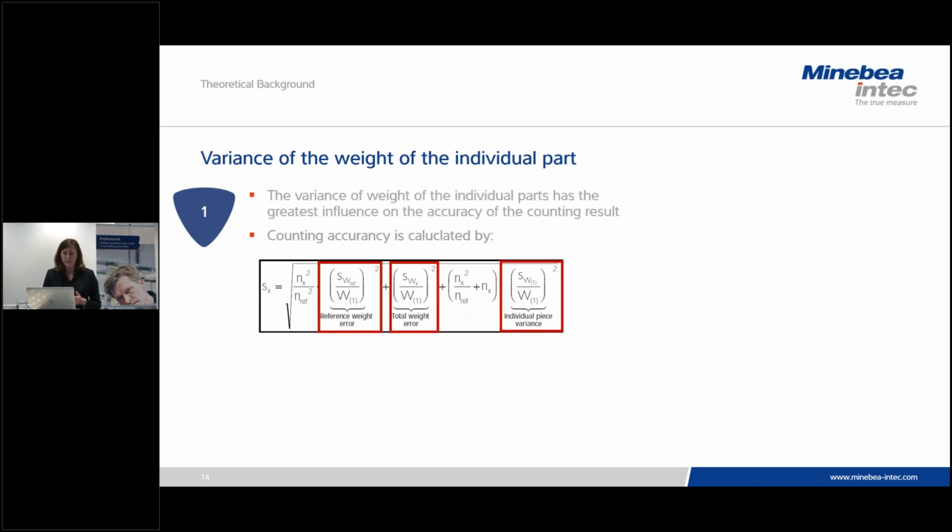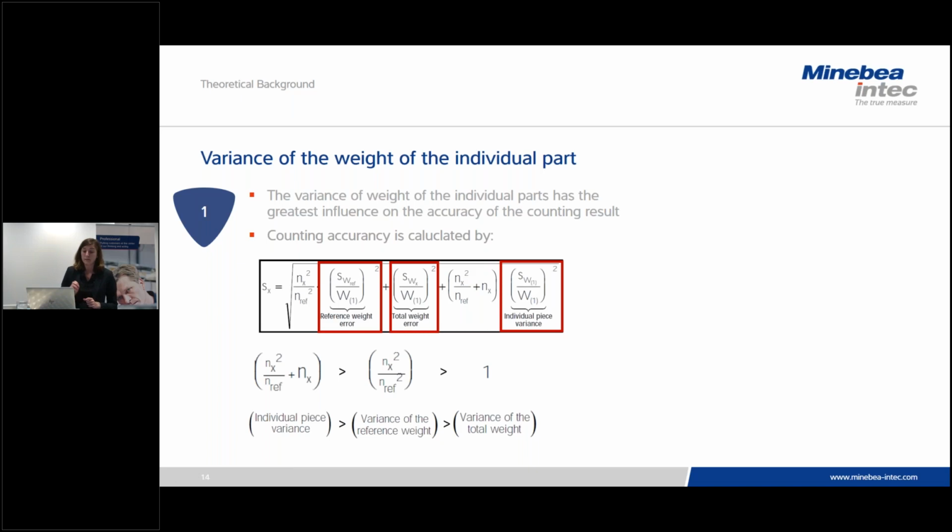What you can now see is that all of these 3 are added, but they have a factor in front of them. And when we take a closer look at the factor in front of the statistical deviations, the biggest of these factors is the factor for the individual piece variance, then the variance of the reference weight, and then the variance of the total weight.